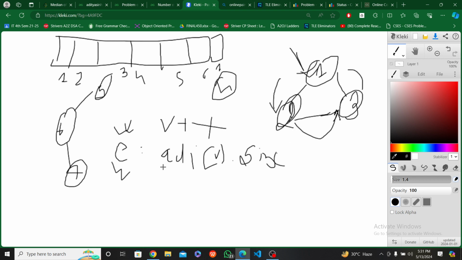So I will add that into the edges. Okay, so we are adding here into the edges. So first thing, we increment the vertices, and second thing, we add the number of edges.